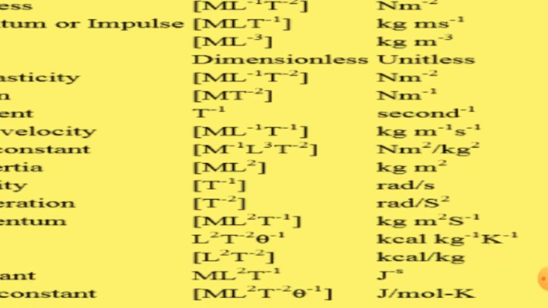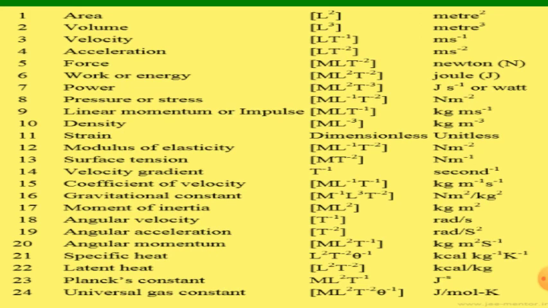How do you define your specific heat? Specific heat may be defined as the amount of quantity which is required to raise the temperature of unit mass of a substance, this is small m, mass of the substance, through 1 degree Celsius, or through unit temperature.